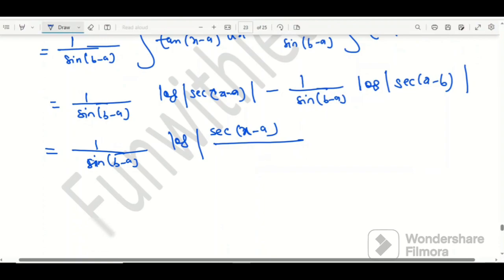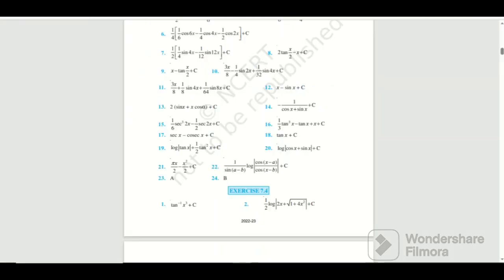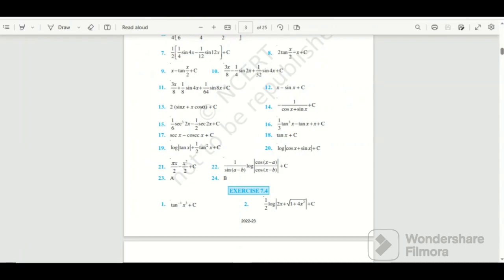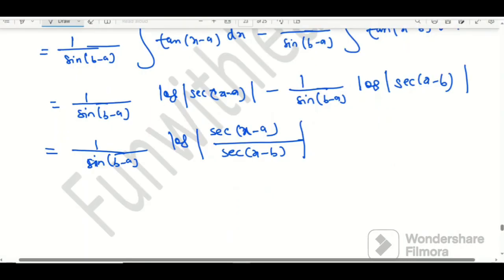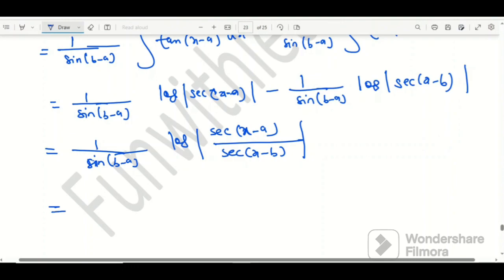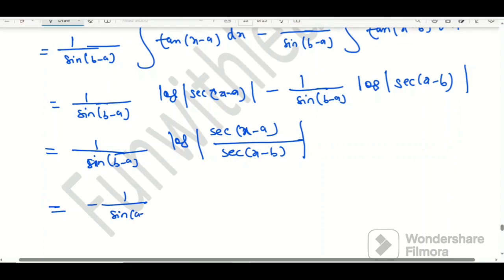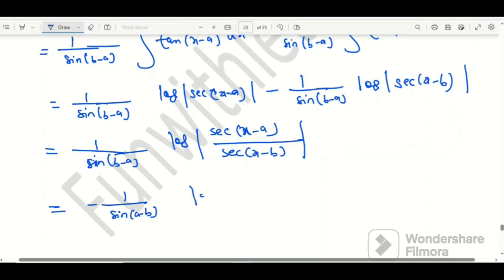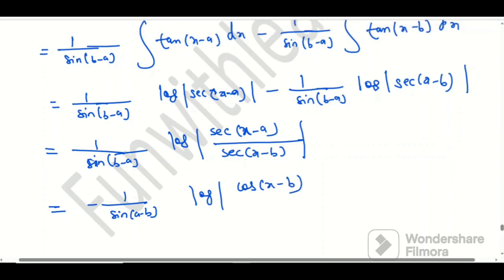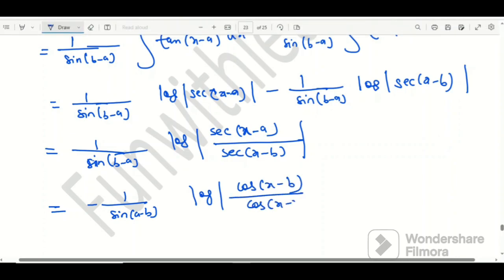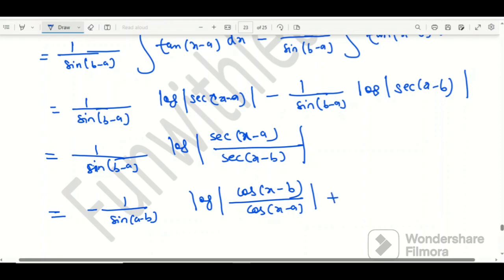Now we can check our answer. It was the 22nd. The answer is given in terms of sin A minus B, so we can change. Once I write A minus B, I'll get one negative sin A minus B. And it was in terms of cos, so we can write cos x minus B, cos x minus A, plus C here also.